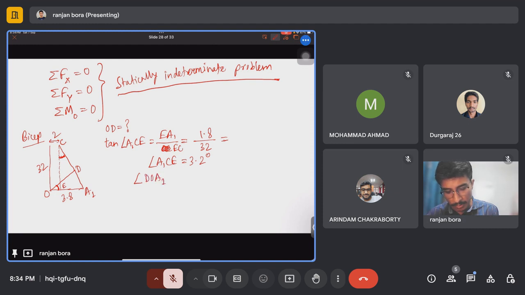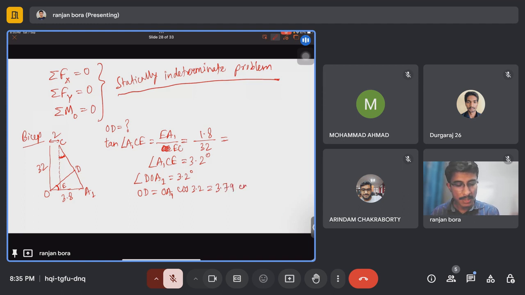This angle DOA1 is also 3.2. So OD is OA1 times cos 3.2, which will be 3.79.